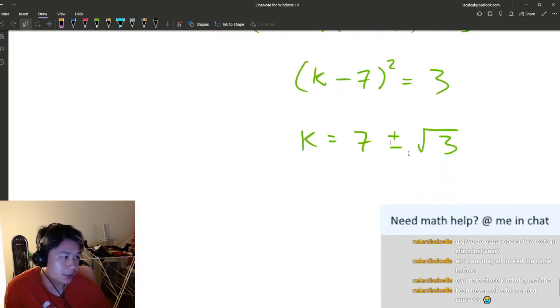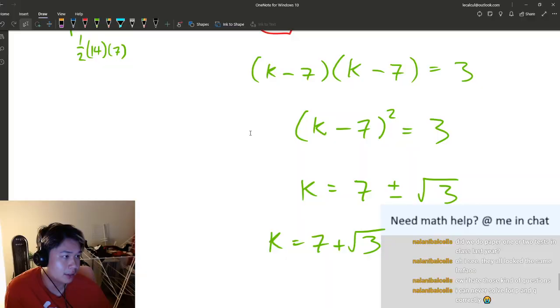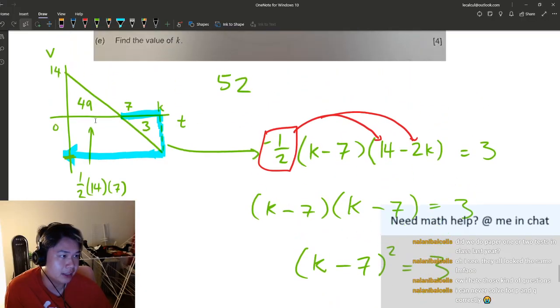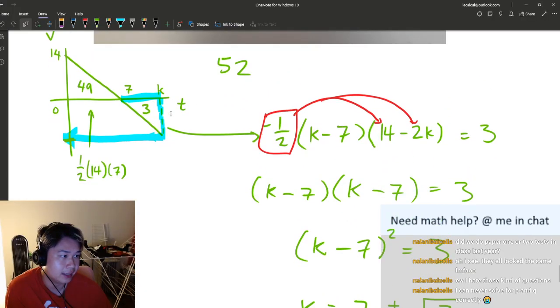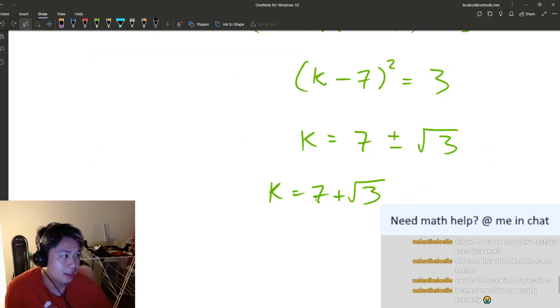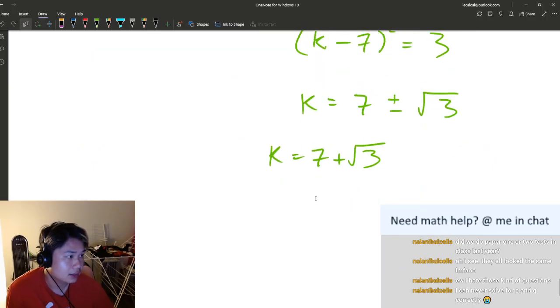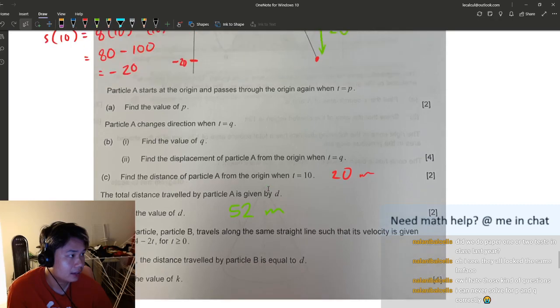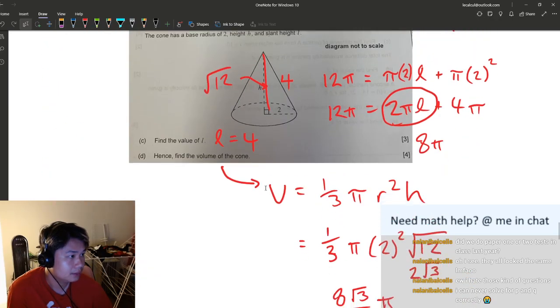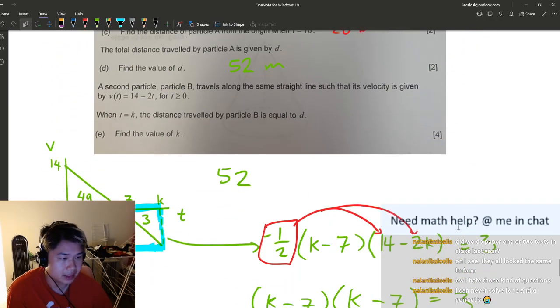Well, obviously we choose 7 plus square root 3, because if we minus square root 3, it would be on the other side, which doesn't make sense. It needs to be on the right side, so you need to add them together. Okay, and then I think that's the last question.